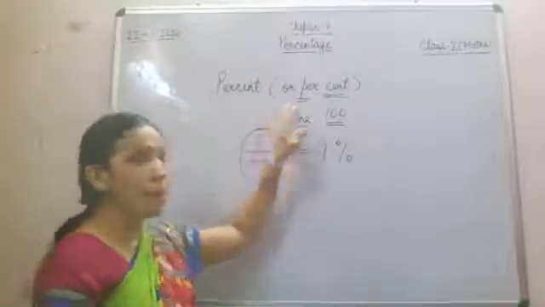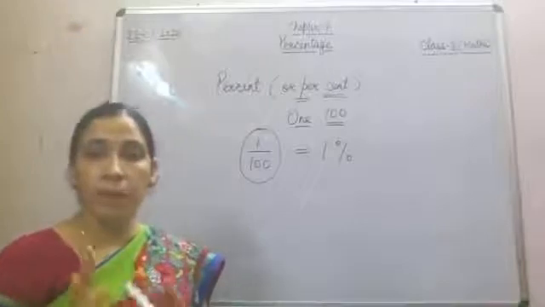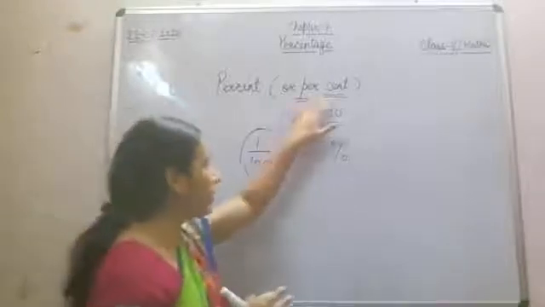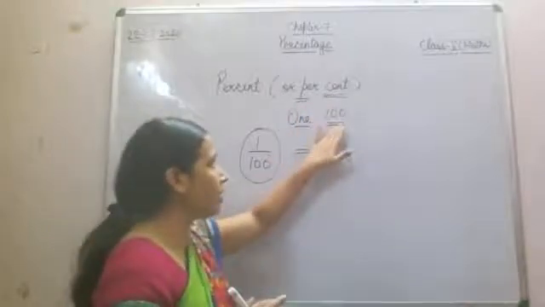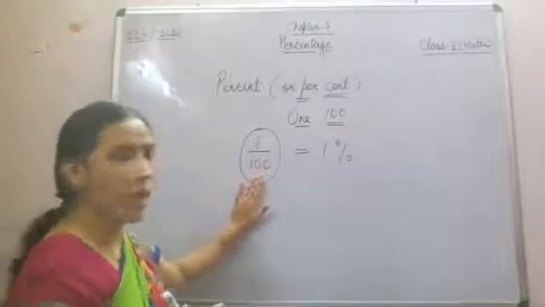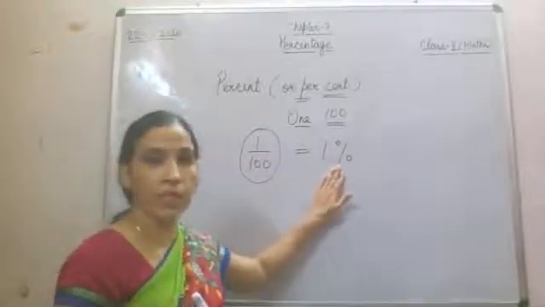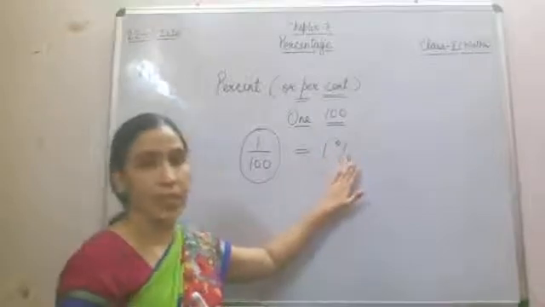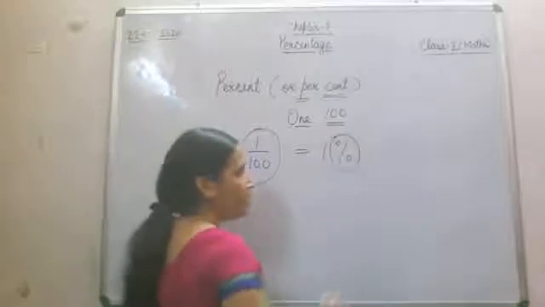Percent means per cent. Break that and then read it out. Per stands for 1 and cent stands for 100. It means 1 by 100, and we can write it in the form of percentage as 1%, and this is the symbol of percentage.